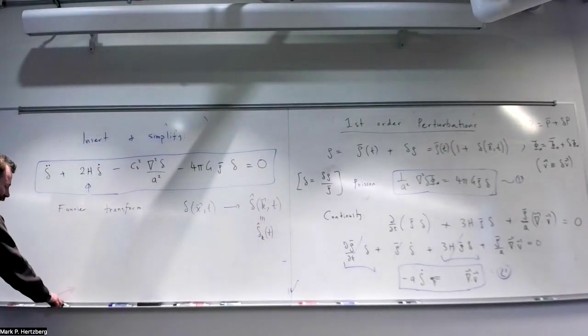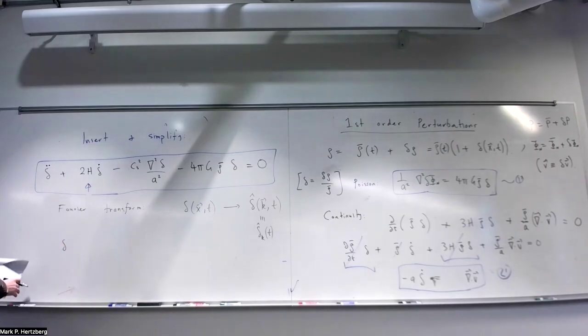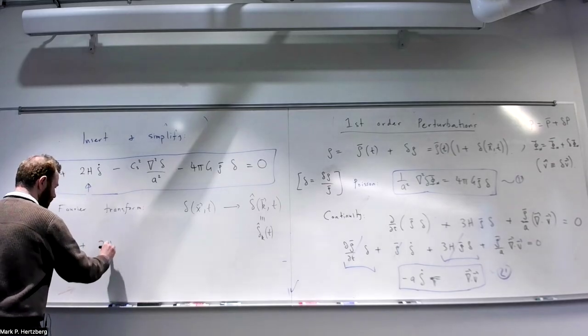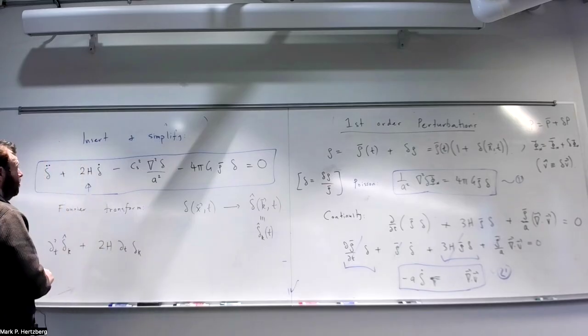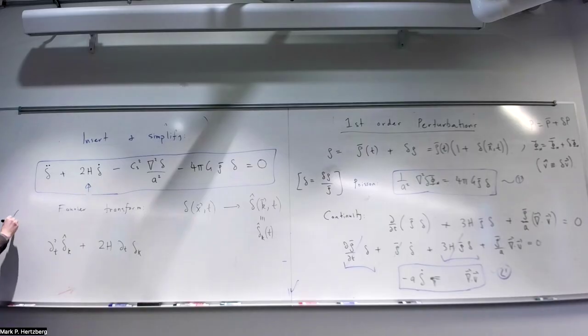So if I do the Fourier transform, we're just going to get, yeah, now I write out partial derivatives since I want to put a hat on my Fourier transform. And then as before, we do a Fourier transform and minus Laplacian gets mapped to k squared.